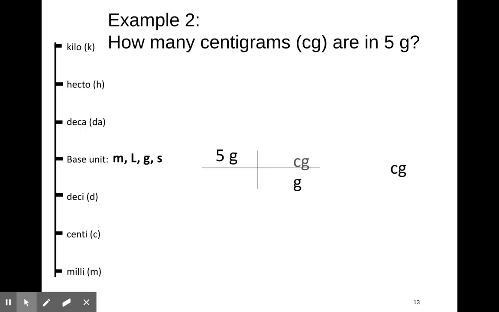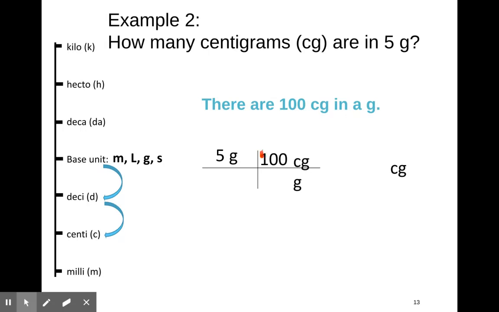And I know that centigrams is going to be on the top because the grams can be converted into centigrams. So if I look at my chart, I know that I have to jump and divide by 10 here, and divide by 10 here. So 10 times 10 is 100. So there are 100 centigrams in 1 gram.